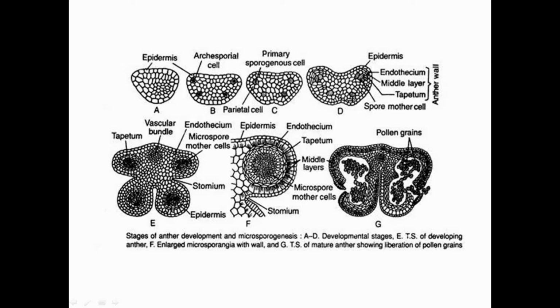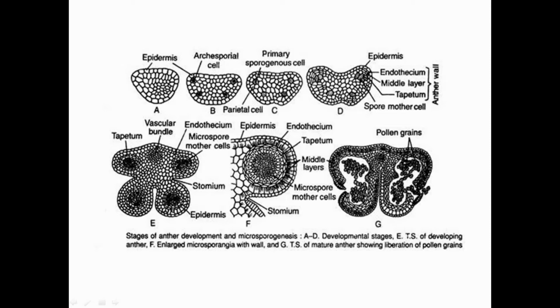The primary parietal cell divides to form 3 to 4 layers, that is endothecium, middle layer and tapetum. The primary sporogenous cells divide to produce a mass of sporogenous cells or microsporocytes.